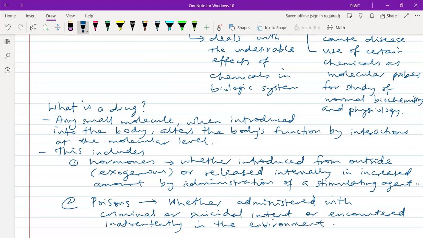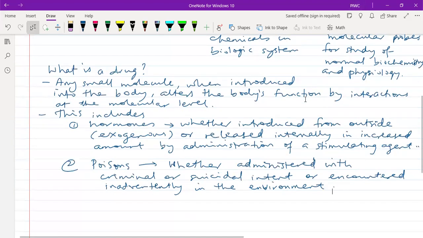Right. So that is a definition of what a drug is, when you're dealing with pharmacology, right?